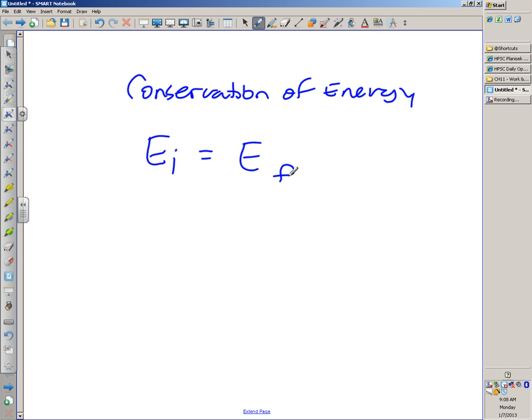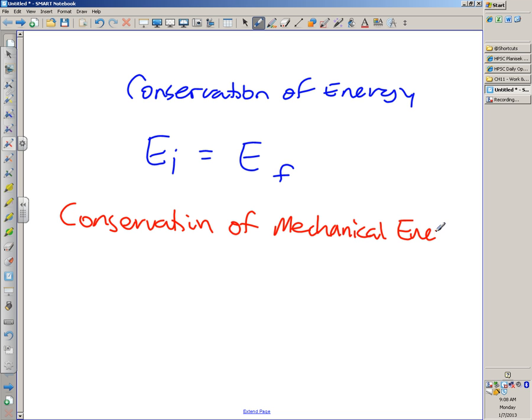Okay? One specific application of that we talked about was conservation of mechanical energy. First, mechanical energy. We remember what mechanical energy is. It is a buzzword. Emma, go ahead.